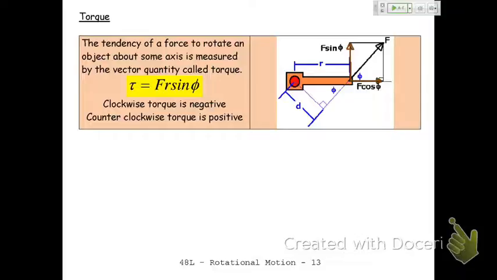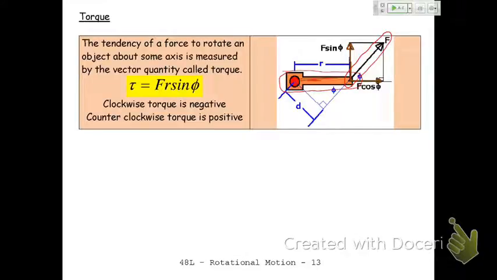So here's a generic diagram. Here we have a wrench, and here we have a force that's applied. The two of them are not in line, and they're not perpendicular, but at some angle to each other. And it turns out that the torque, the turning force, if you like, is a product of what we call the lever arm and the perpendicular force.